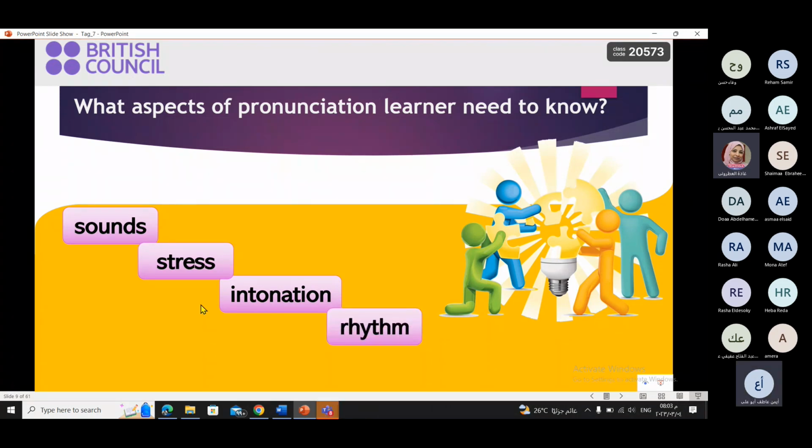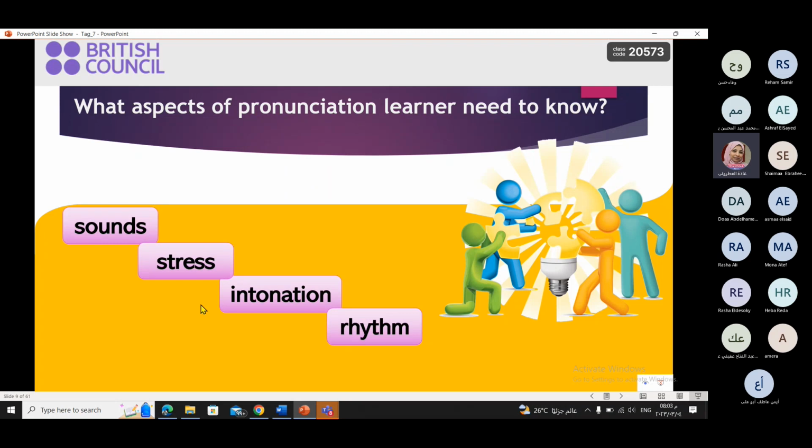Also, we need to think about rhythm. Every language has its own music. Arabic has its own rhythm, this perfect rhythm that makes it like a musical language. Also, English has its own rhythm. Rhythm is about how we use a combination of stressed and unstressed words in sentences.